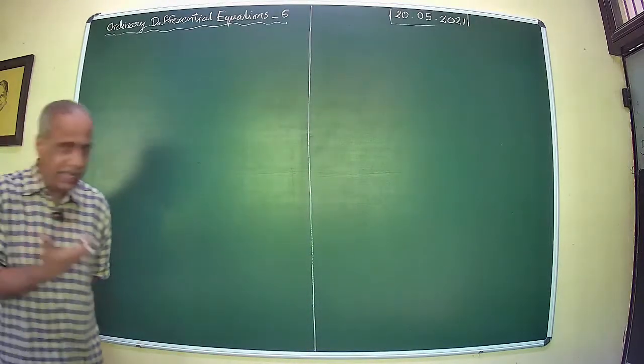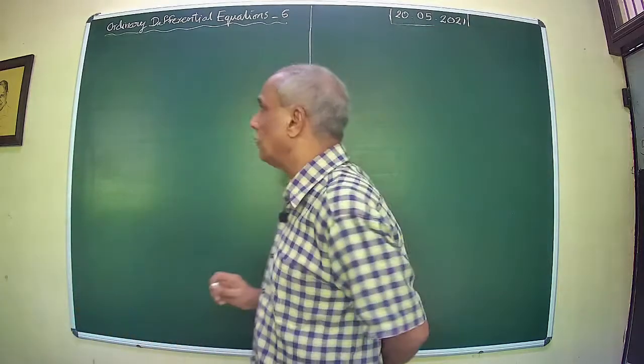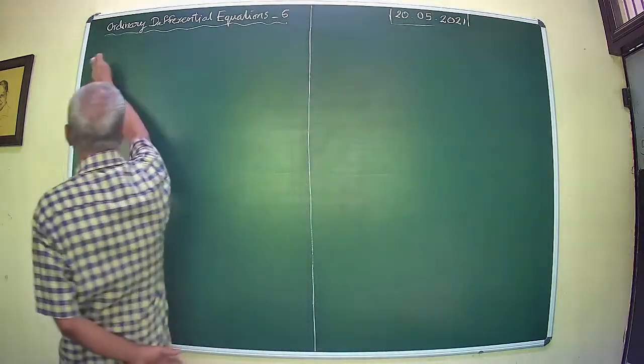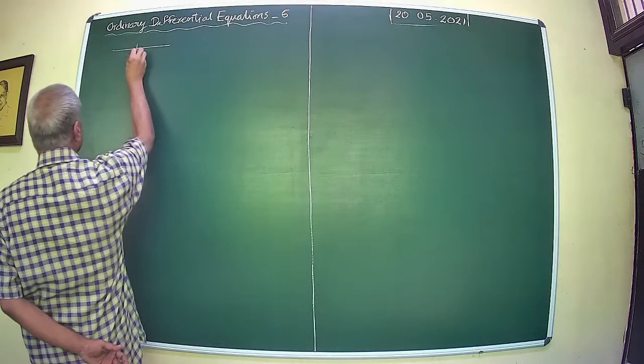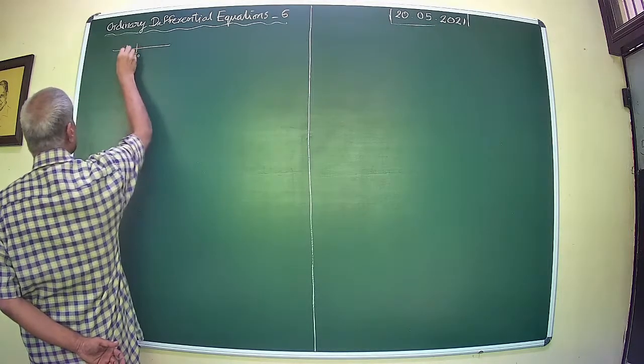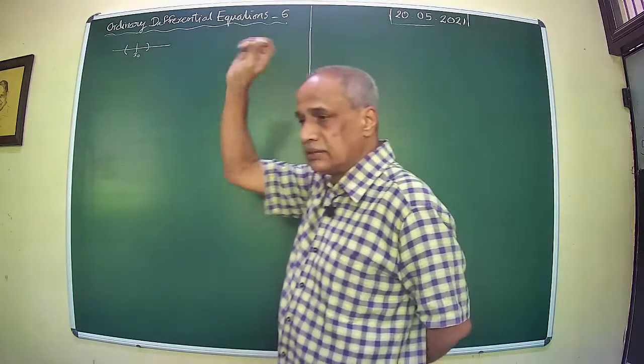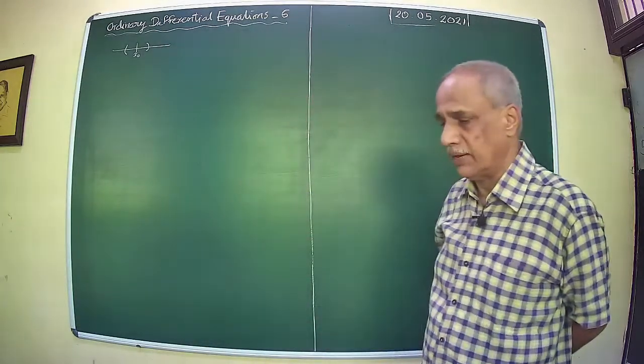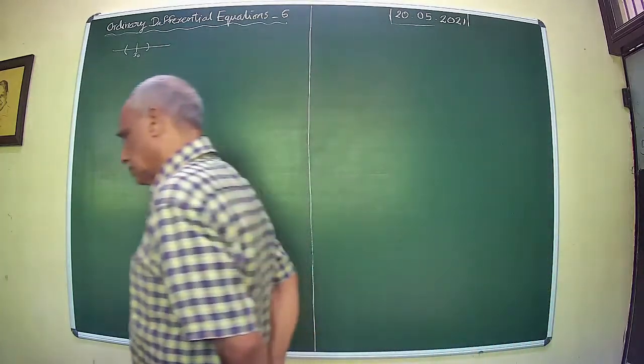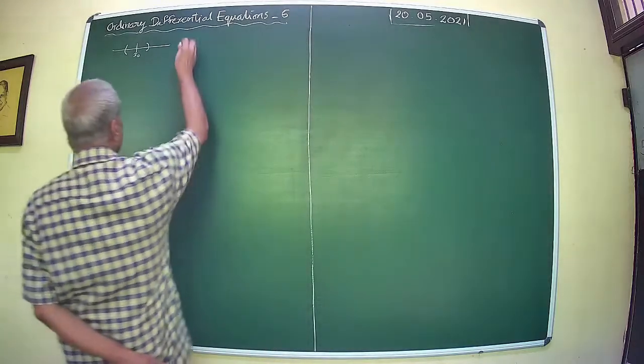So locally, in the neighborhood of the point x0, you can assert that there exists a unique solution for the initial value problem. So it's a local existence theorem.